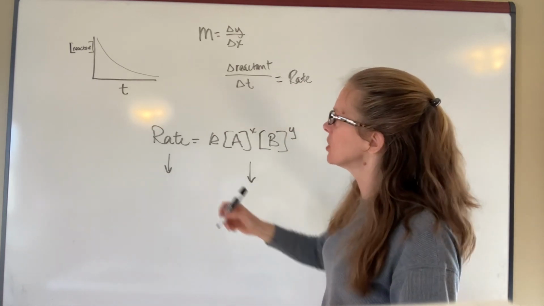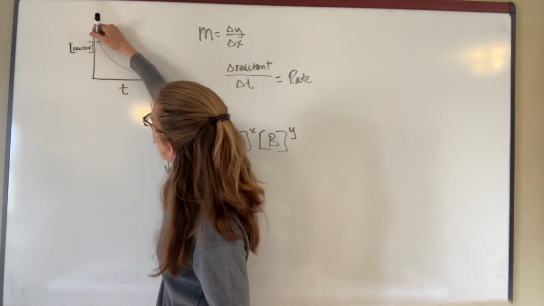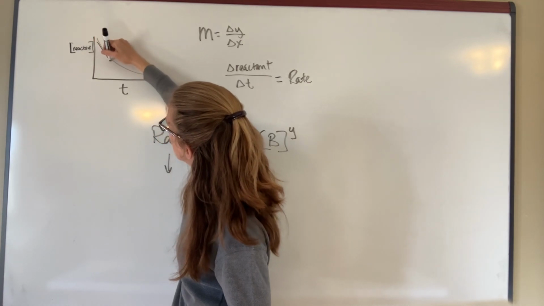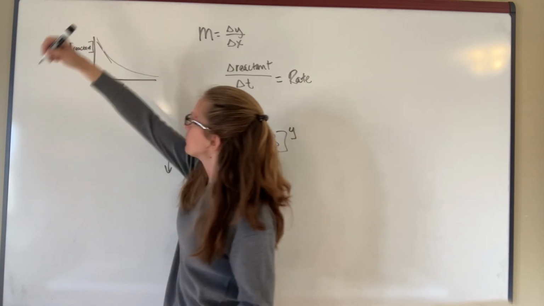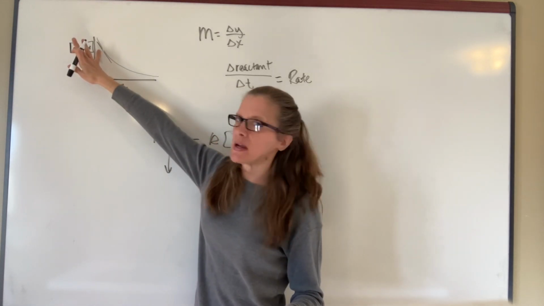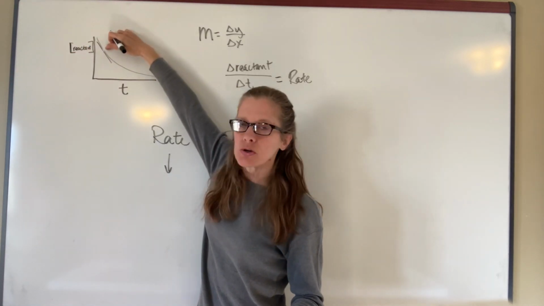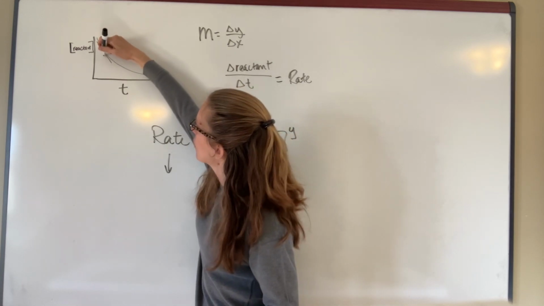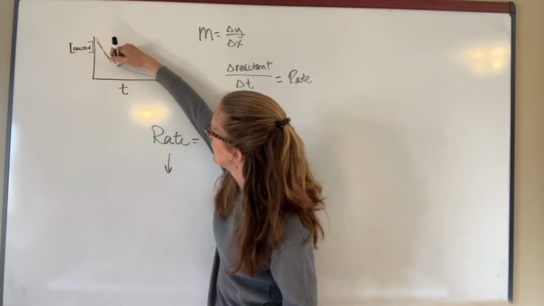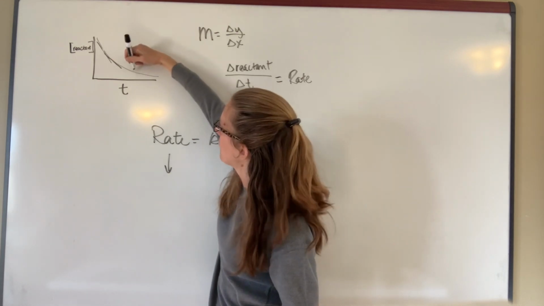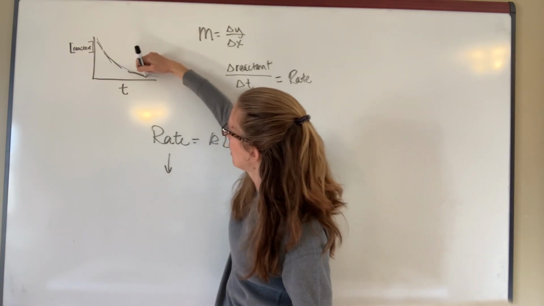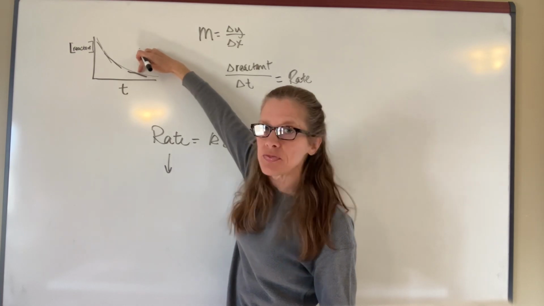The change in reactant over time is the rate, okay? That is the rate. So if I take the slope of this graph, remember from algebra, you're drawing a tangent line to that. If you draw a tangent line to that slope right here, you're going to get a rate. If I draw a tangent line here, the slope of this line will be the rate at this point in time.